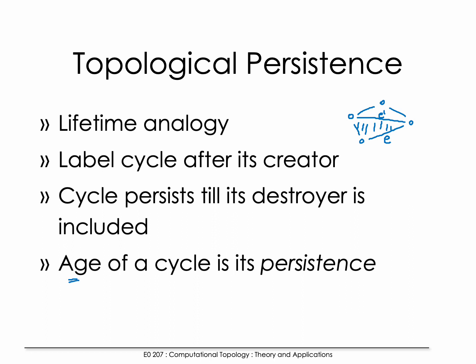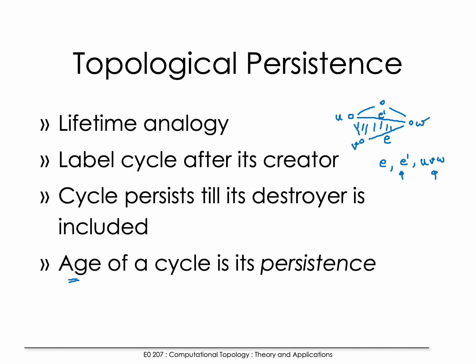So E prime was inserted, followed by the triangle UVW. So the lifetime of the cycle that was created at E prime is 1, because it is destroyed in the next step. So this is what we mean by age of a cycle.